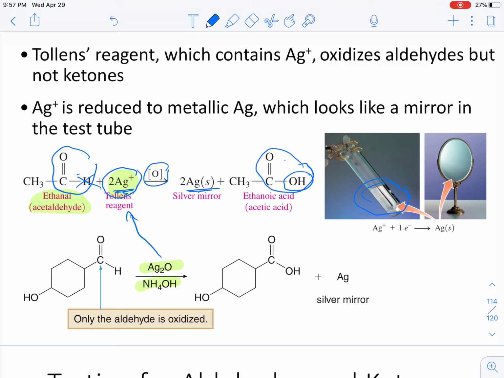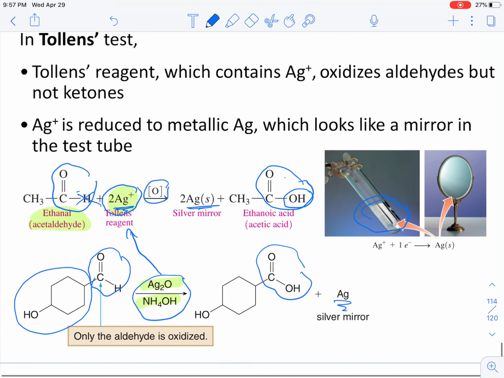Okay. And here your aldehyde is not constrained to a chain. Your aldehyde can also be a ring, a cyclohexane, for instance. And so here, if you have this aldehyde and you treat it with Tollens reagent, then it's going to oxidize the aldehyde so that it can become a carboxylic acid. And a byproduct of that oxidation reaction is producing this solid silver.